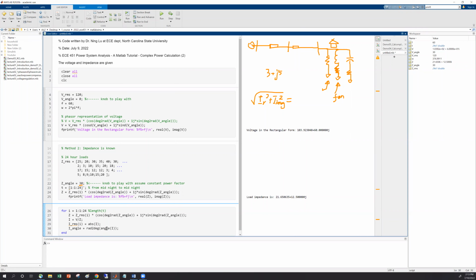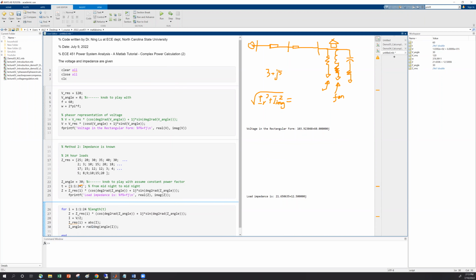But this angle will be in radians. So if we want to see the degree of it, we need to use this function, rad2deg, okay? By doing that, I know the current magnitude, the RMS value, and I will compute the angle in degrees, okay? So once I have that, I can print this out.